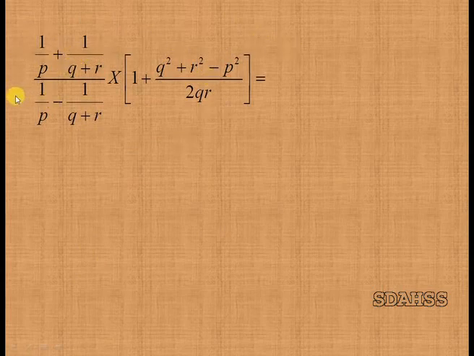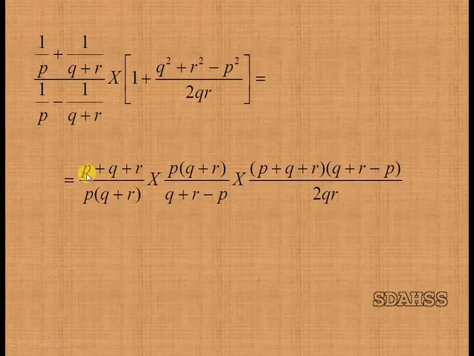Consider the question. In the numerator you write p plus q plus r divided by p into q plus r. In the denominator, take the reciprocal and write the answer into p into q plus r divided by q plus r minus p, into, in the place of 1 plus q square plus r square minus p square divided by 2qr, that should be written as p plus q plus r into q plus r minus p divided by 2qr.